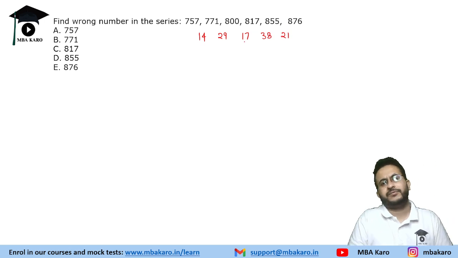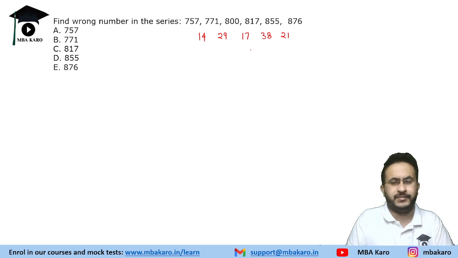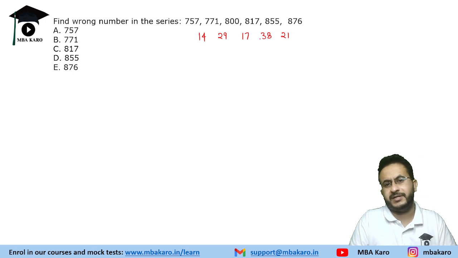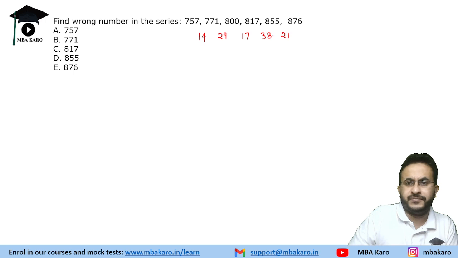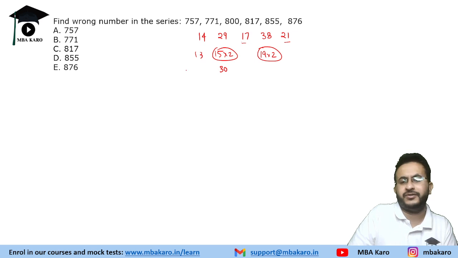Now, if you see the pattern, it is not some consistent pattern because numbers are increasing and decreasing also. Now, if you notice one thing, this is 21, 17. Can we say it is 19 into 2, which is 38? Now, can we have 15 into 2, 30, the correct difference, and have 13 over here.